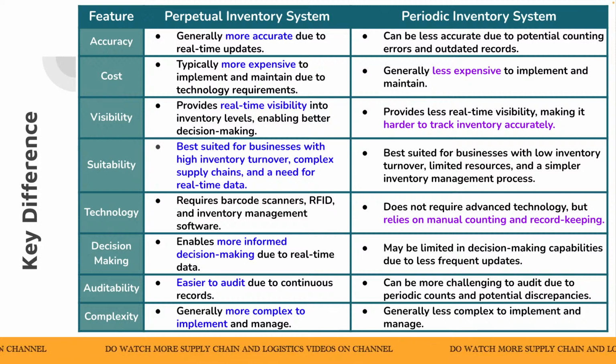But when you come to the periodic inventory system, you are not keeping track of the demand, you are doing it once in a month, you don't know how much inventory there was on the first day of the month. You might know it, but because you have done multiple sales and some returns will also be there, and you are not keeping the inventory records in your hand, you will not be sure at any point of time what the exact number is, how many sales I can do right now, because you have not taken a record of it.